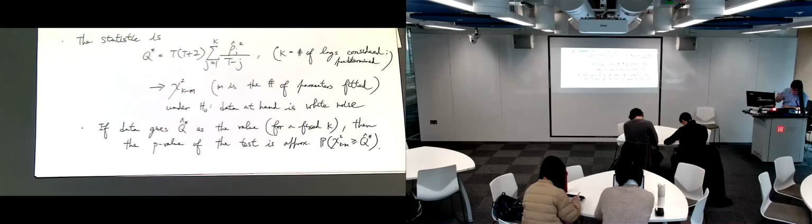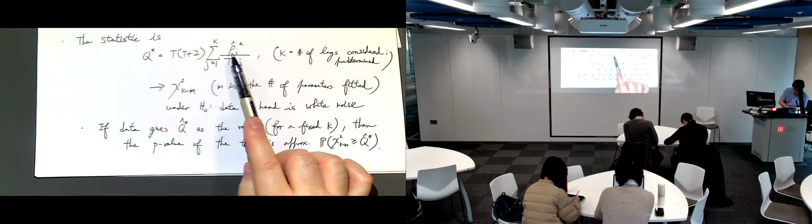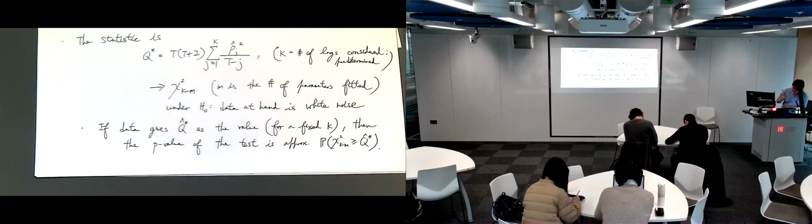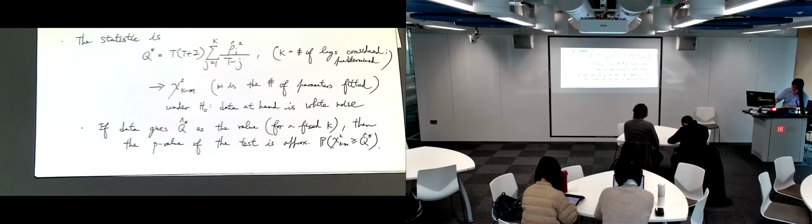On the other hand, if it's not a white noise, then the rho j hat should be substantially larger than 0, and Q star hat should be large. So the probability that a chi-square is larger than something unexpectedly large is small.